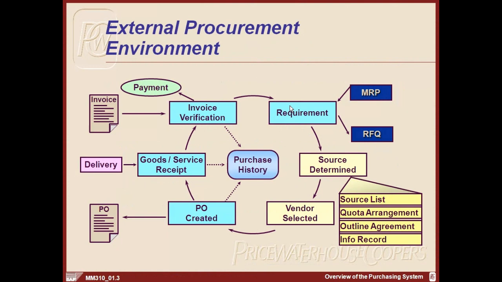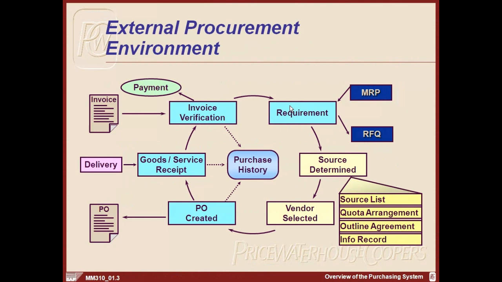How do you go for preventive maintenance? Somebody should raise a preventive maintenance order. I'm going to overhaul this machine. I'm going to do something else on that machine. So therefore, there is something called PM order, preventive maintenance order. With reference to the preventive maintenance order, provided your plant maintenance module is integrated with the MM module, a purchase requisition will be created automatically.